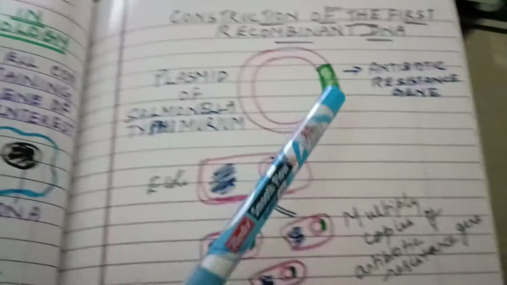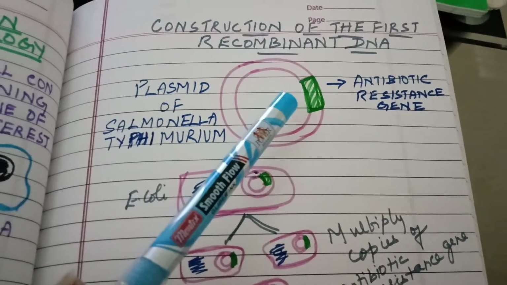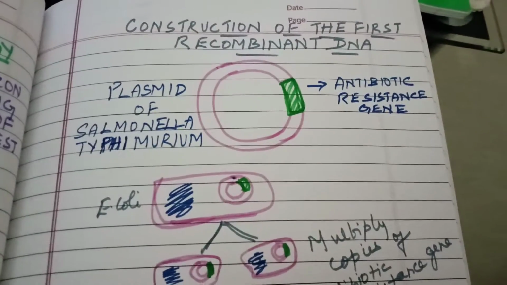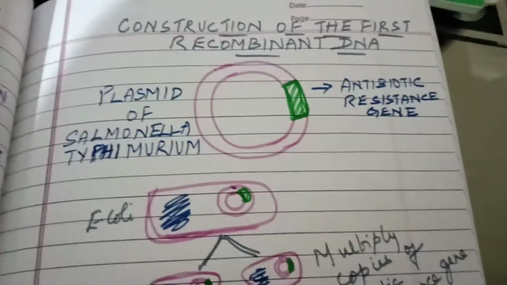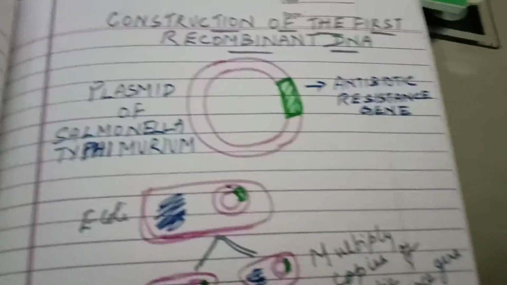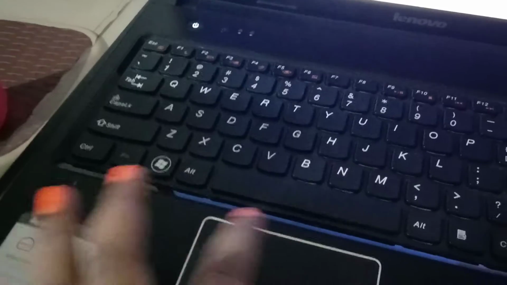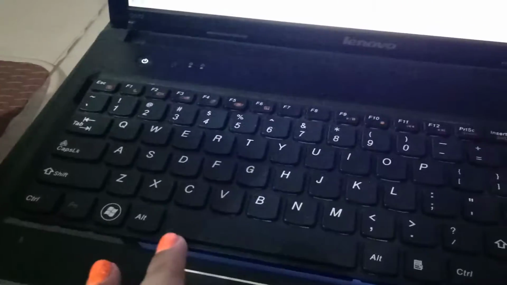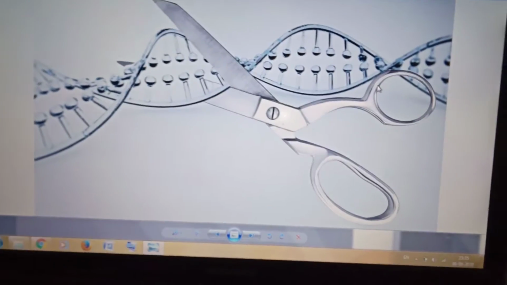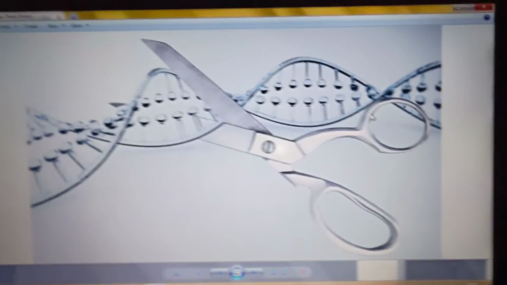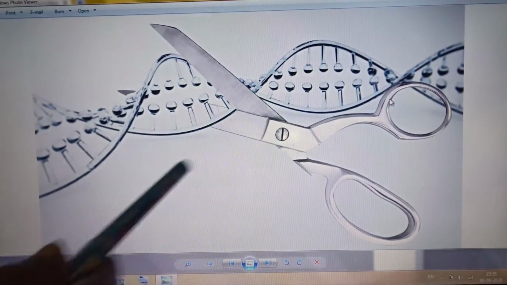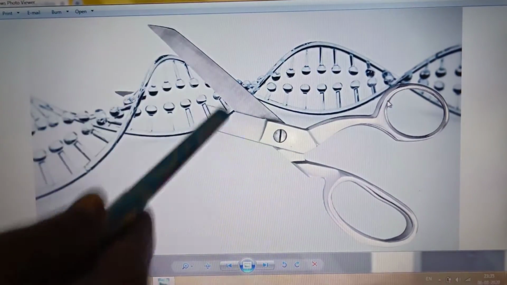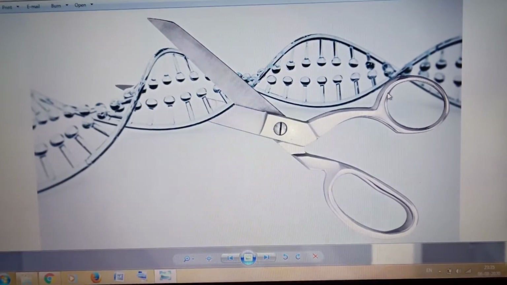Cutting DNA at specific locations was possible with the help of restriction enzymes, known as molecular scissors. It is not a real pair of scissors. The restriction enzymes cut the DNA at specific locations, here the gene encoding antibiotic resistance.